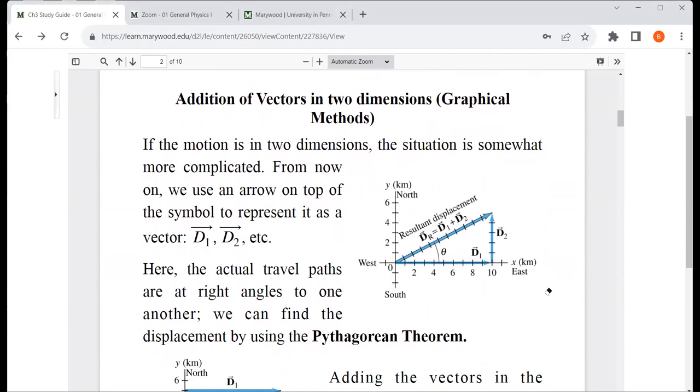Okay, so we'll be learning two different method. One is graphical method, another is analytical method. And analytical method is very important because in most of the problem we will be using analytical method, but graphical method is also important because graphical method will tell you the graphical picture of the vector addition.